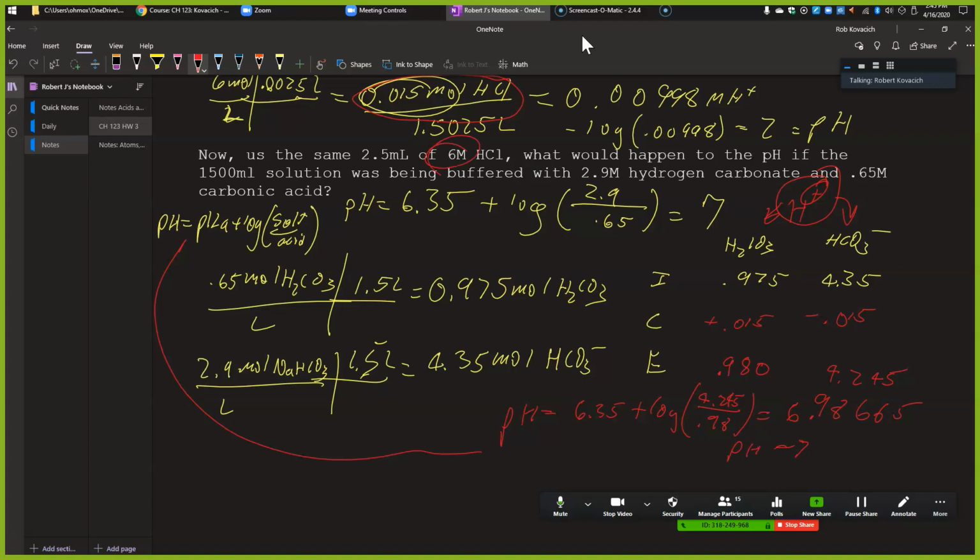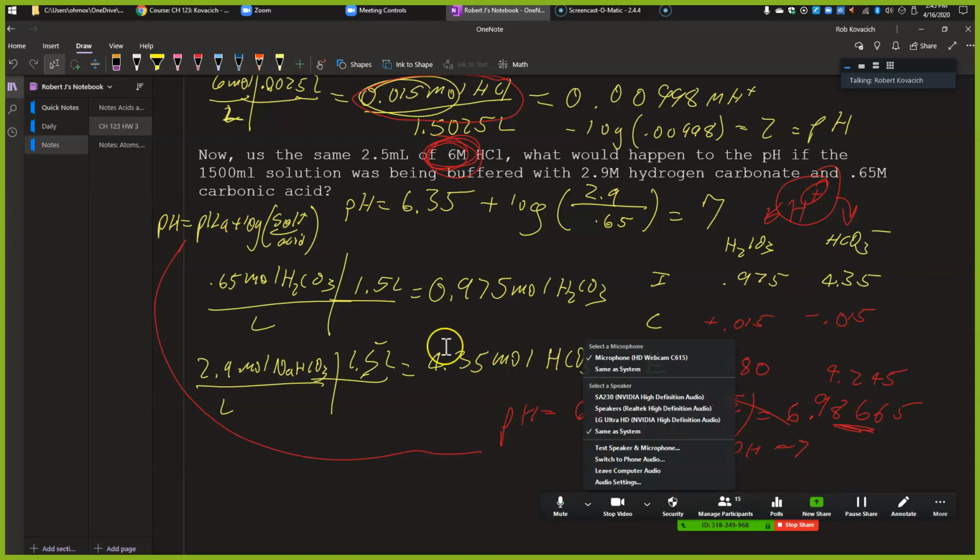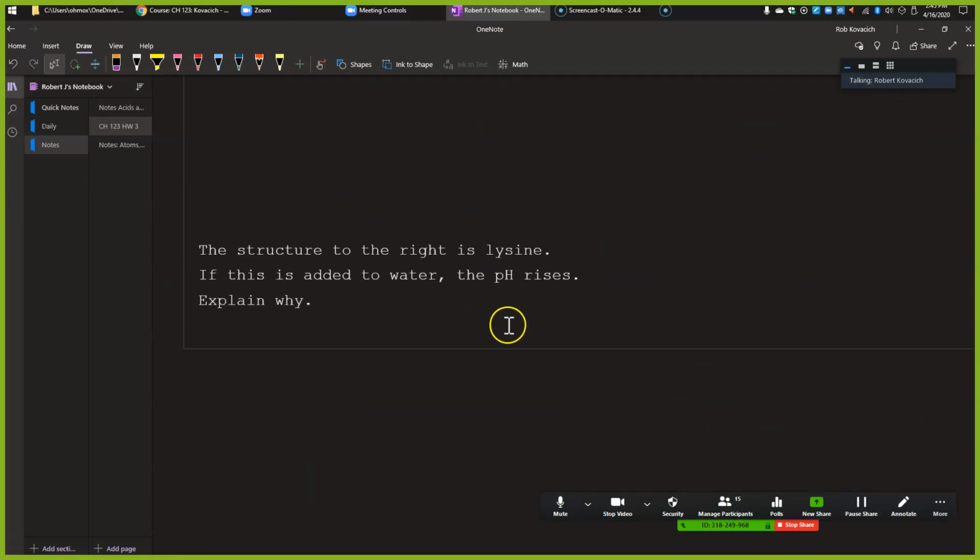It looks like we only have 1 sig fig because of the 6 molar. So you can see, significant figure wise, it's so insignificant that it doesn't count for the change in pH. So this is a good buffer. The pH didn't really change, which is what the buffer is supposed to be doing, opposing a change in pH.